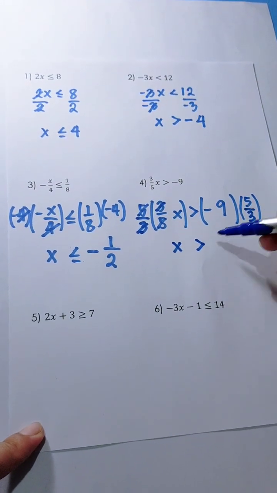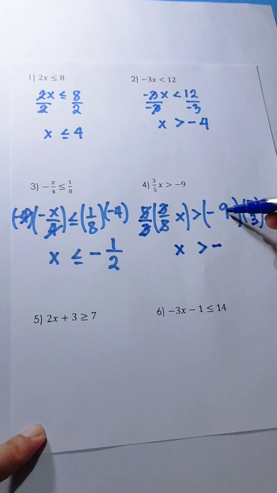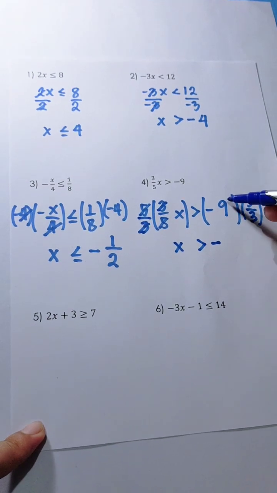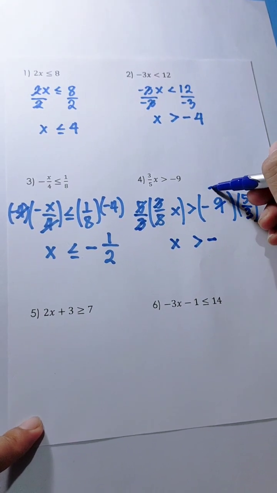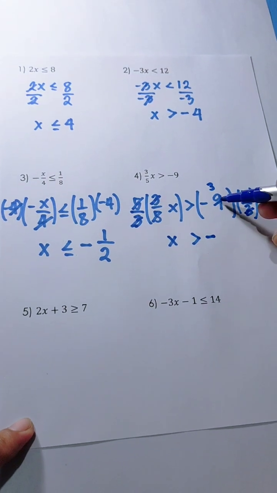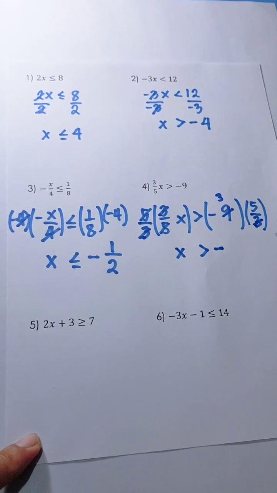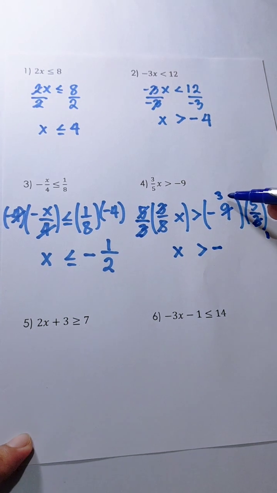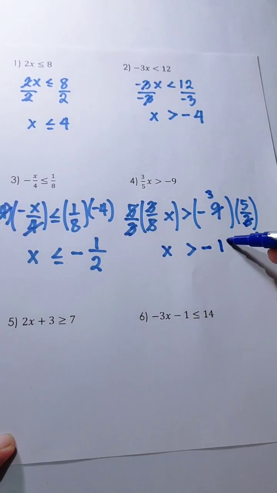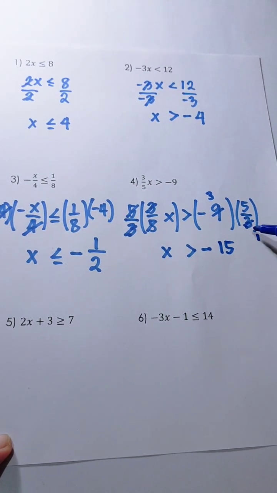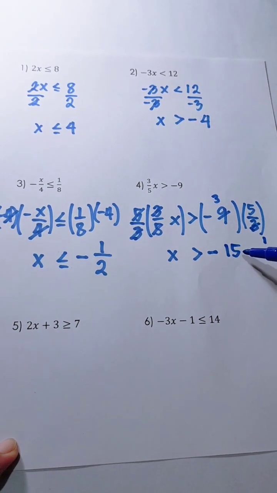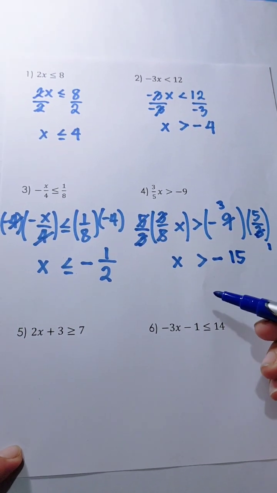Negative times positive is negative. 9 divided by 3 is 3. 3 divided by 3 is 1. 3 times 5 is 15. 15 over 1 is just 15.